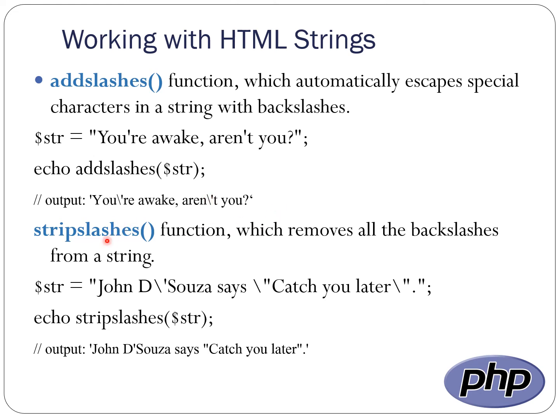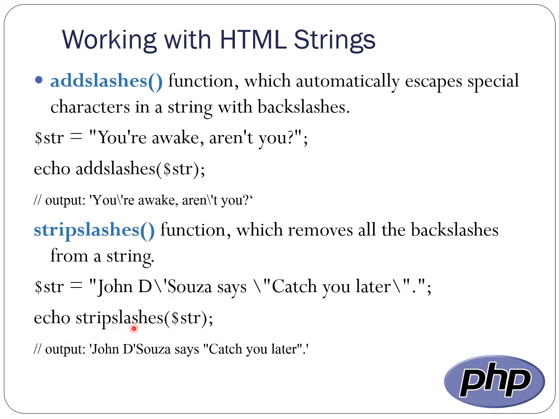Likewise, then stripslashes. The stripslashes function removes all the backslashes from a string. Here we have an example. $str is equal to "John D\'Souza says catch you later." Here we have slashes, and the stripslashes function will remove all the backslashes from the corresponding string data.